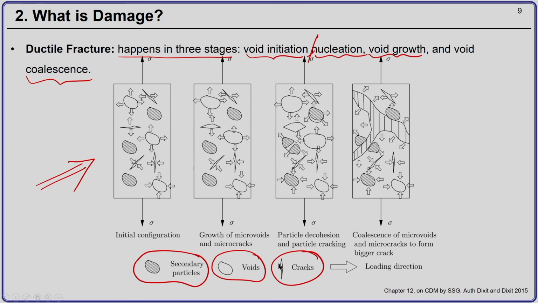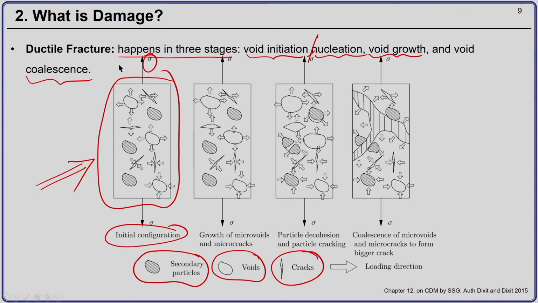So, when you have a body in its initial configuration, let us say this is your body or part of a body, and when you apply loads on the body, you have voids, these secondary particles, and you may have some cracks. Cracks and particles may all be oriented in different directions and may have different shapes, although I have shown them here with the same shape.